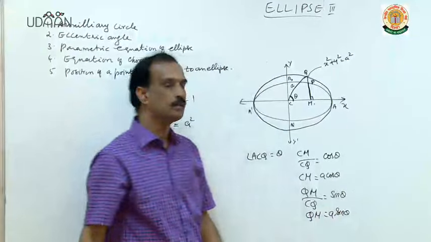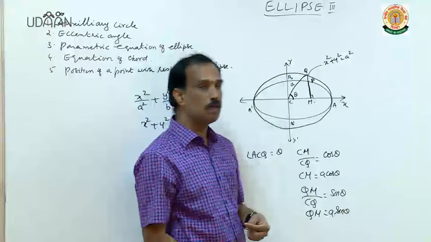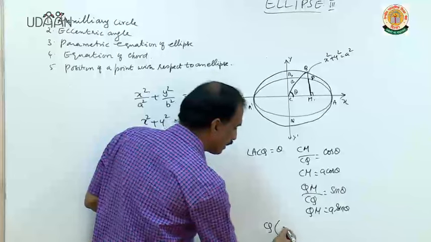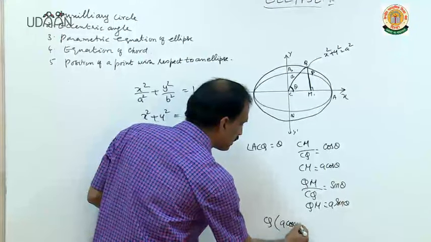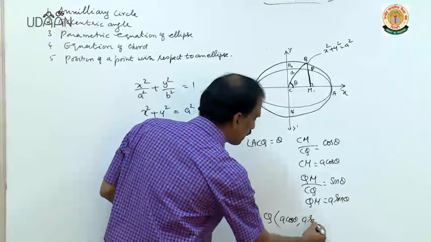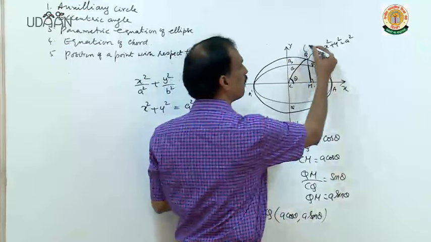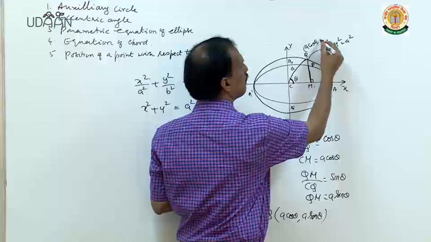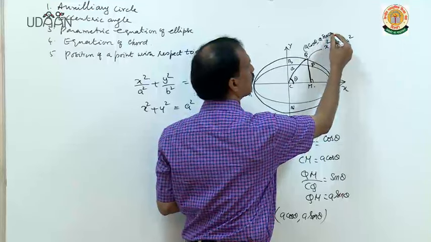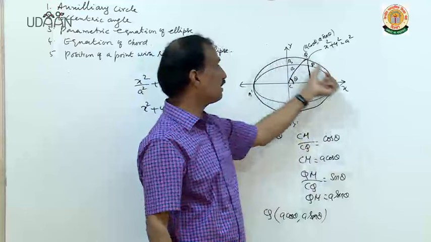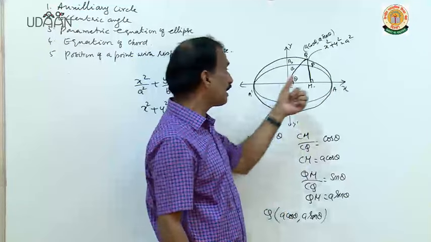So now we have the coordinates of Q: A cos theta, A sin theta, lying on your auxiliary circle.